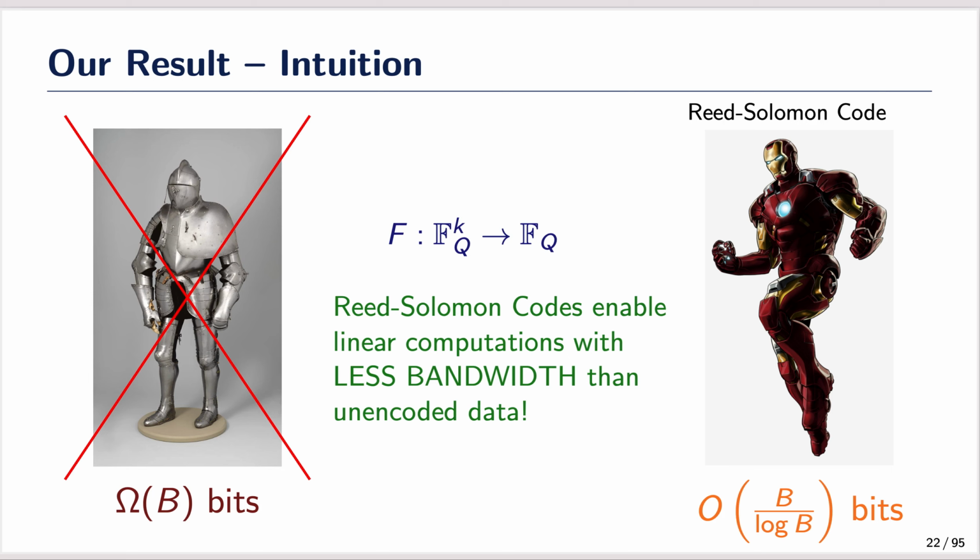And this is only possible because when you encode in the Reed-Solomon code, you're doing some non-trivial computation on all of your message symbols to produce the code word symbols, and then you're storing those, and so you have this kind of library of existing pre-computations that you've done. And so by making intelligent queries to the nodes, you can do better than the naive approach, which would require b bits to compute the linear function.